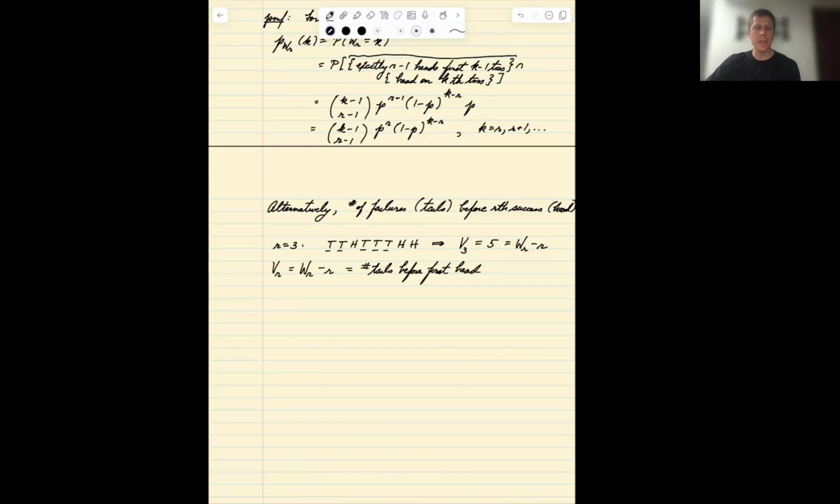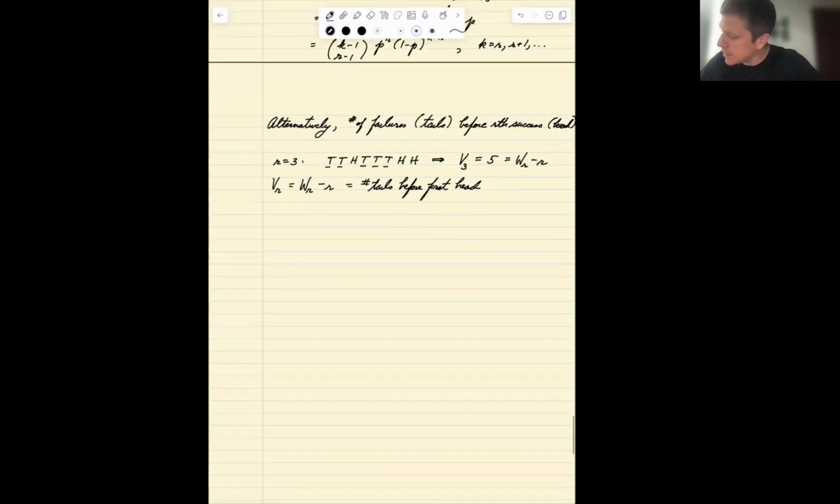And we can derive the mass function of V sub R directly from the mass function for W sub R. V sub R is equal to K only if W sub R is equal to K plus R. And the probability that W sub R is equal to K plus R, we already know.